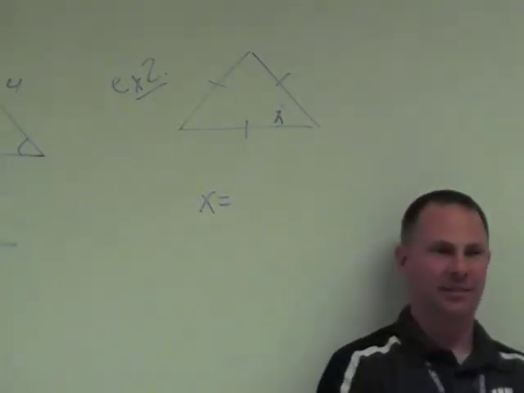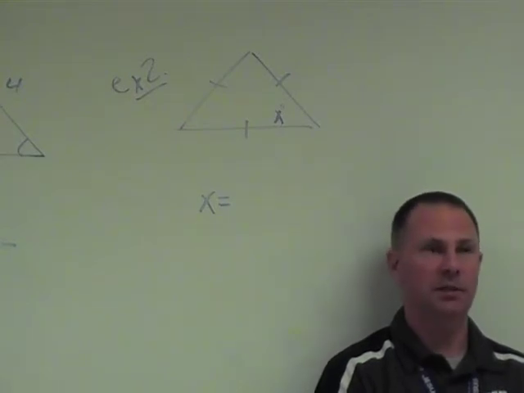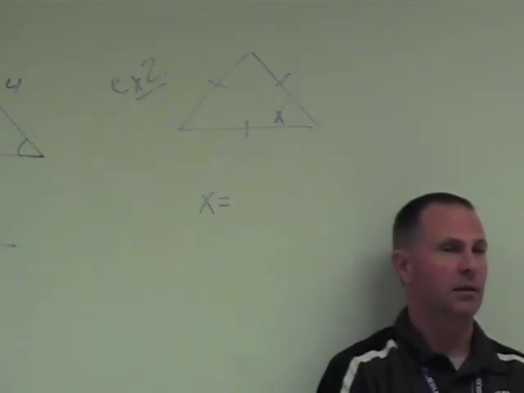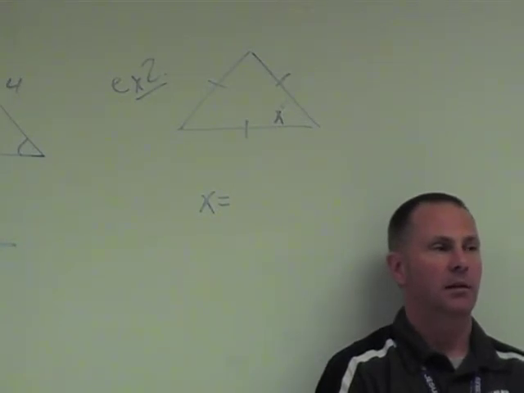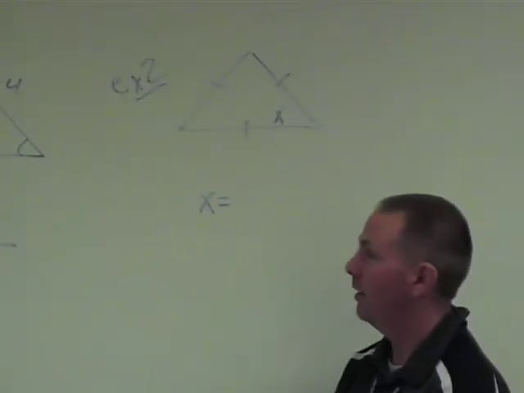Is that better? X equals 60. Why is it equal 60? Because the triangle has 180 degrees, and since it's equilateral, it's equiangular, corollary to the base angles. So 60 plus 60 plus 60 is 180. Very good. 60 degrees.